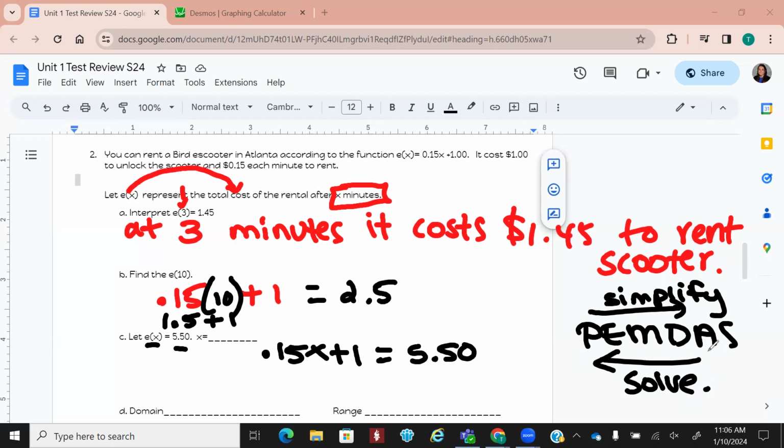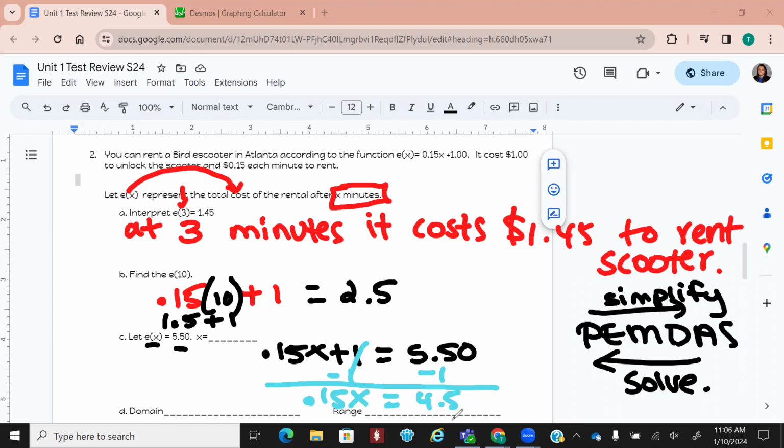So what would be first? Subtraction and addition. So we've got addition right here. But in order to get X by itself, you do opposite. So we're going to subtract 1. So that's going to give us 0.15 times X equals 4.5.